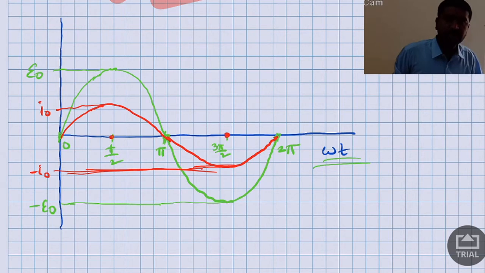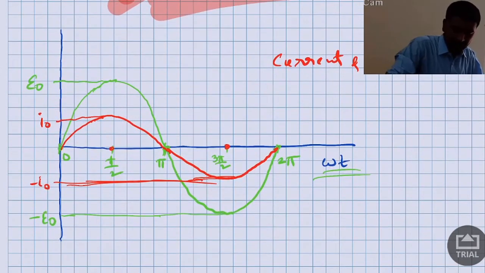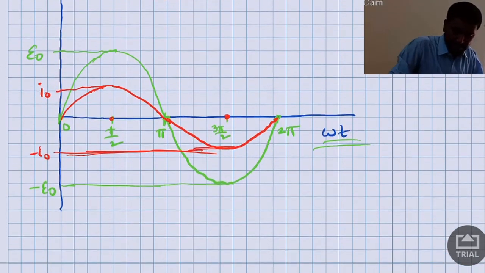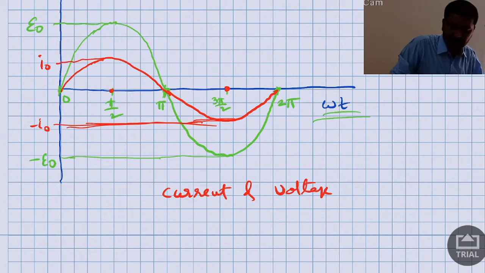Whenever E is maximum, I is also maximum. When E is minimum, I is also minimum. Both are following the same function. So we will say that current and voltage signals are in phase.